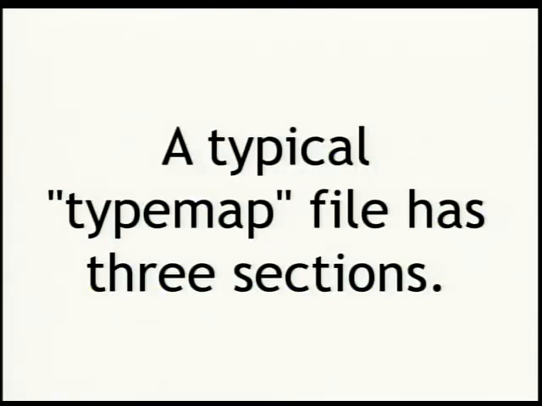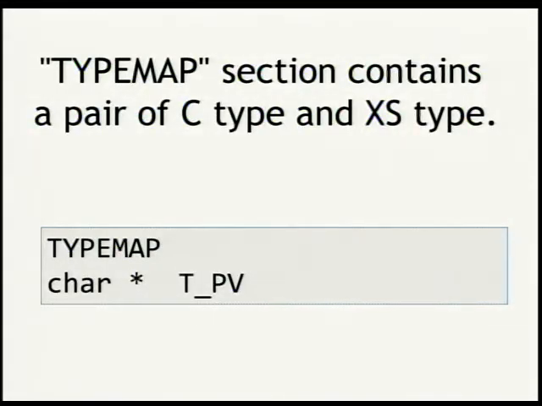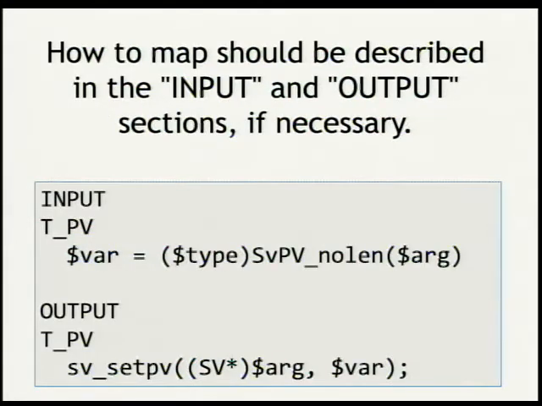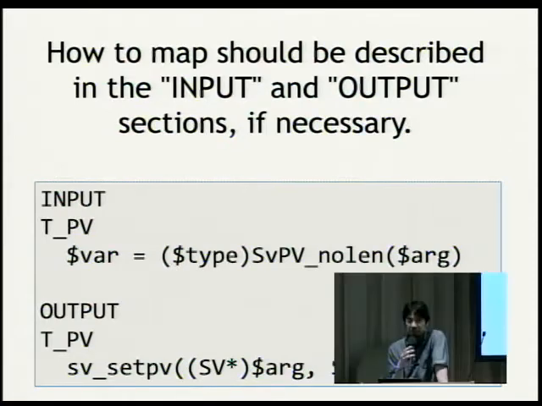About type mapping. A typical typemap file has 3 sections. The typemap section contains pairs of C types and XS types. And how to map should be described in the input and output sections.